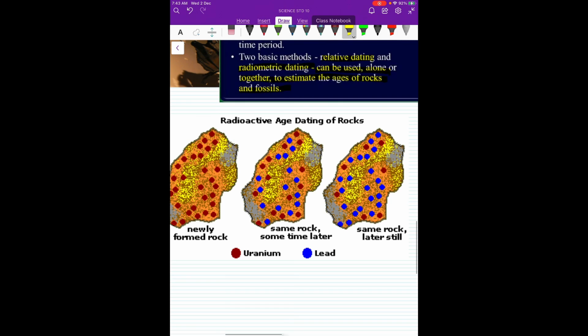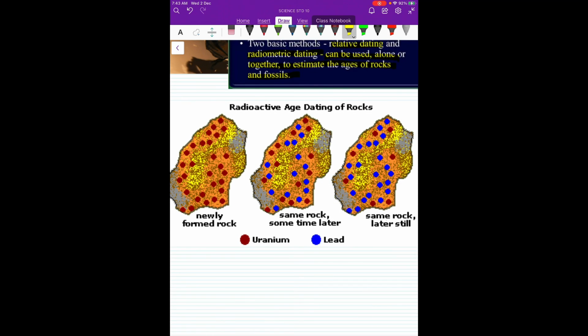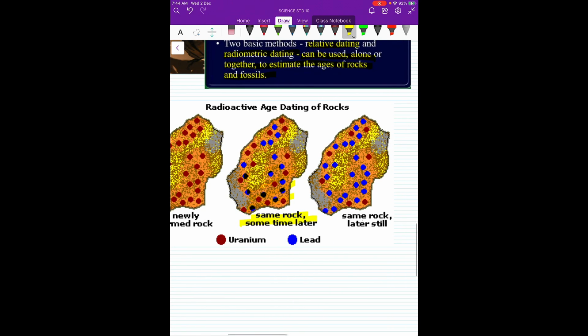Now if you see this diagram, this is a newly formed rock. After some years, there are two elements here, uranium and lead. Lead is in blue color and uranium is in this color. The same rock, after some time, you see there is an accumulation of lead, while the rock is still the same.